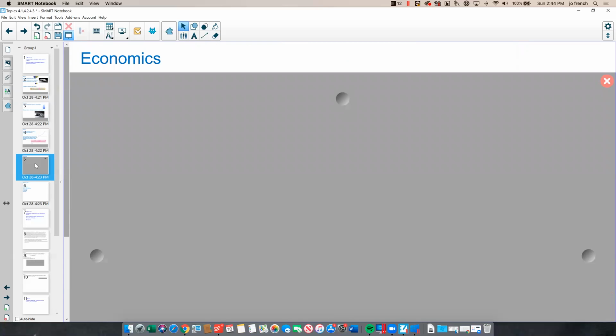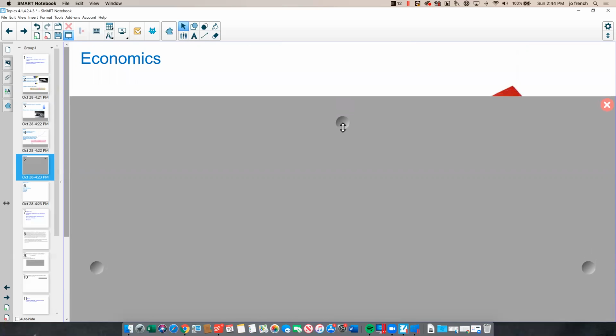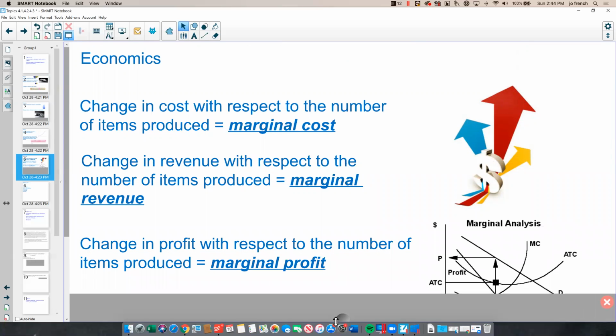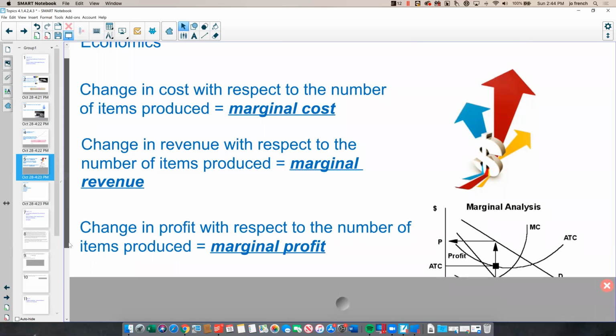Economics is another place where rates of change, how things are changing, is hugely important. We look at how things change in cost with respect to the number of items produced. Here, those changes, which we would normally call a derivative, right? Rates of change are derivatives.